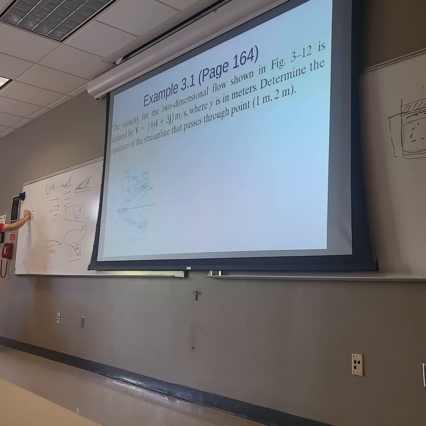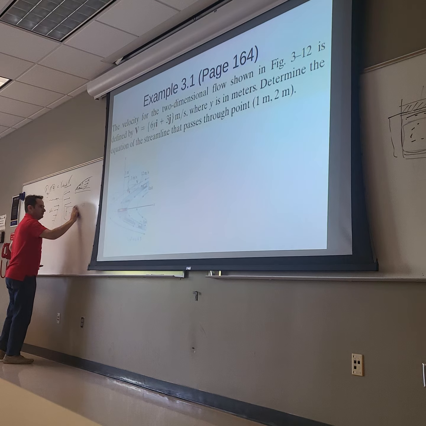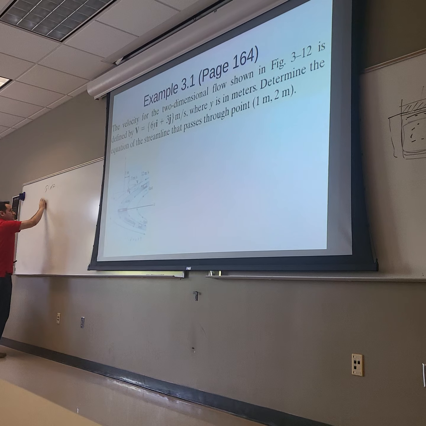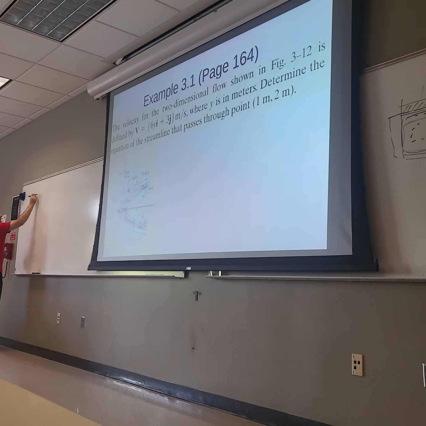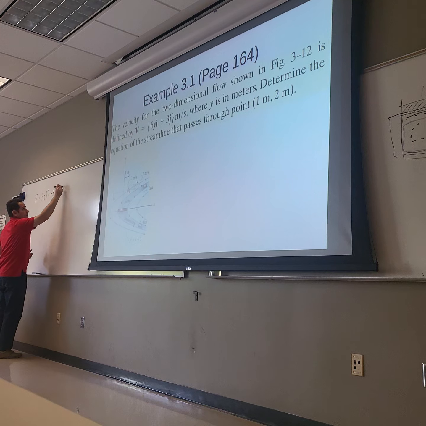The velocity field they give you is 6y i plus 3 j meters per second.